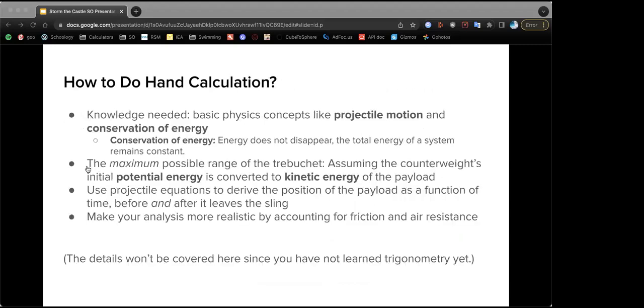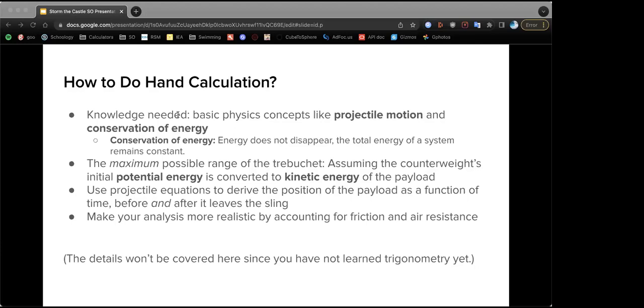Now, we'll go over some important physics concepts which are extremely important when it comes to understanding why everything happens scientifically. Some concepts that you'll need to know are projectile motion and conservation of energy. If you don't know what conservation of energy is, it basically means energy doesn't just go away.